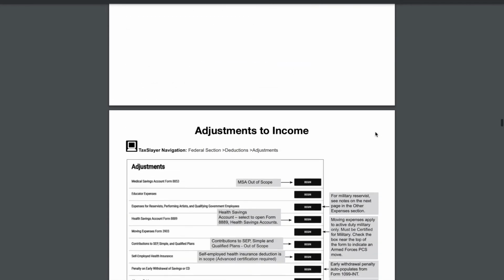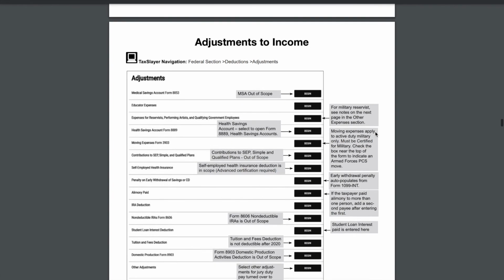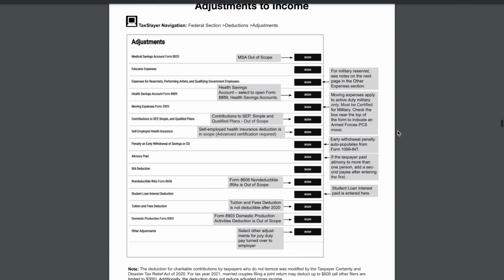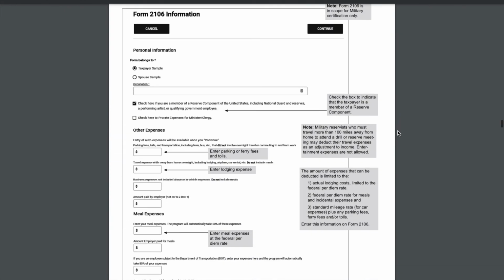And so we're just going to start off here by looking at the adjustments to income, and when you open up this here, it's going to show you what the page is going to look like in TaxSlayer when you load it up and have to enter the adjustments to income. So this is a good place to come back to if you're not sure how to exactly enter those adjustments to income.